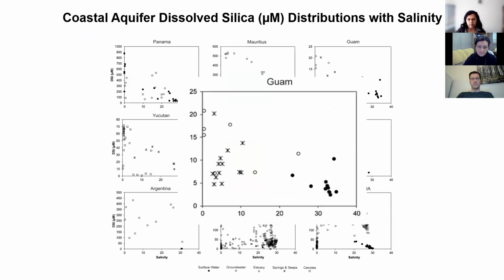When you look at an endmember like Guam, which is a carbonate lithological endmember, you typically see conservative mixing, and you see DSi concentrations in the freshwater endmember of about 18 micromole here.